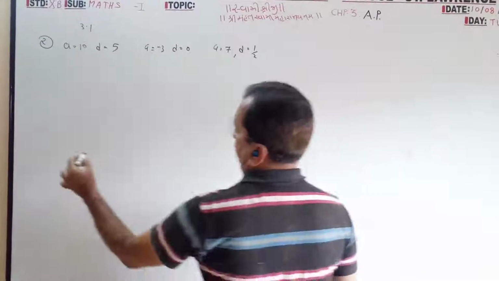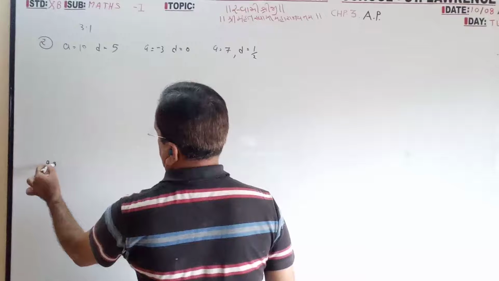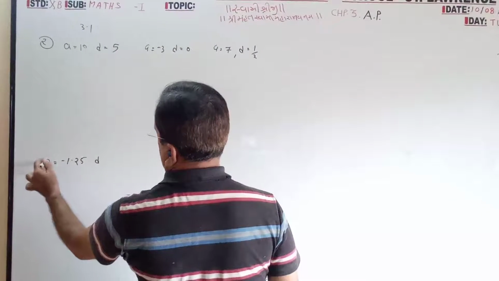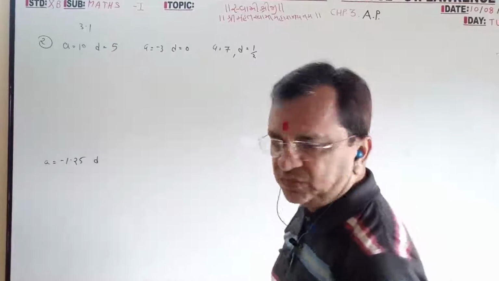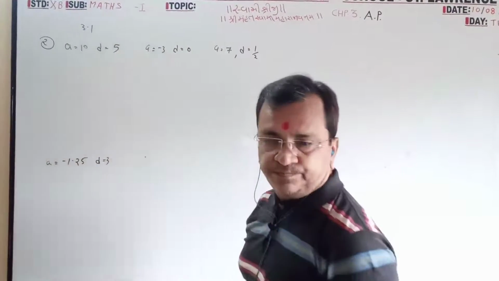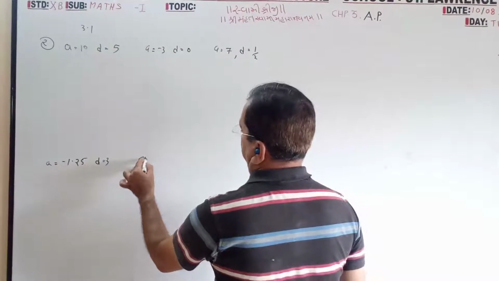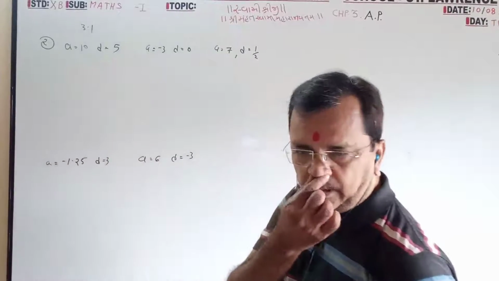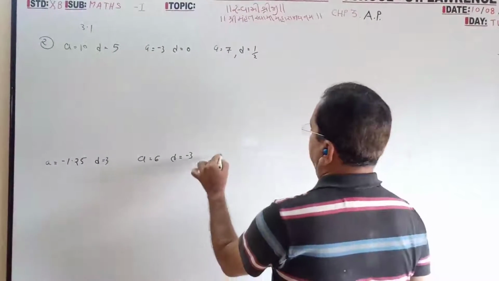Minus 1.25. 3. A is equal to 6 and minus 3. A is equal to minus 19.